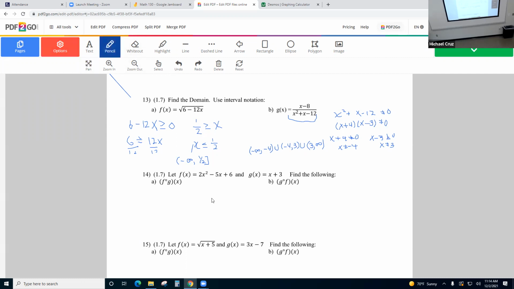All right, so this is f of g of x. Another way of looking at that is this. So we're going to take g of x and stuff it into f of x.